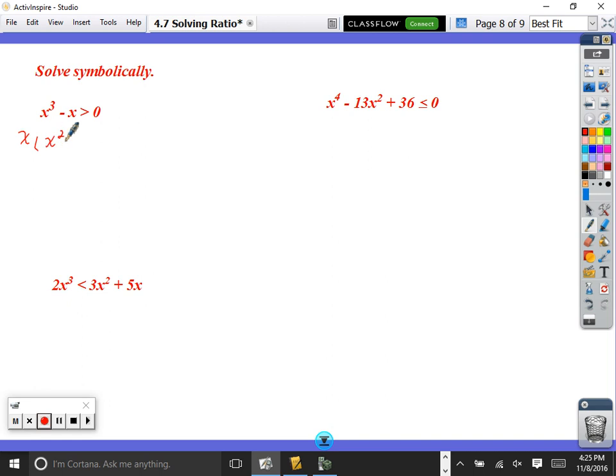So that leaves x squared minus 1. This part still factors further. So I have my x, and I have x and x, 1 and 1, a plus and a minus. So my actual zeros happen at x equals 0, at x equals negative 1, and at x equals 1. Those are my actual zeros.